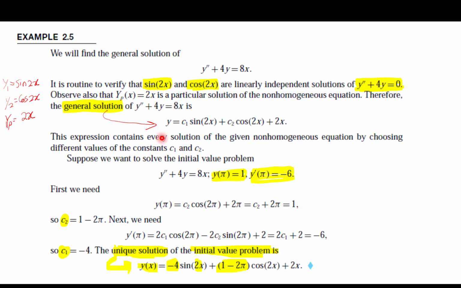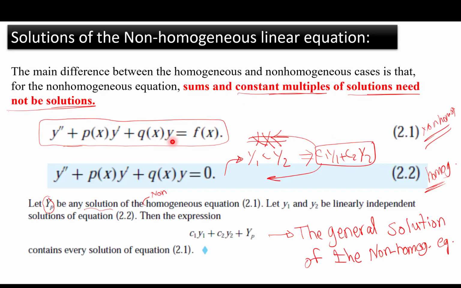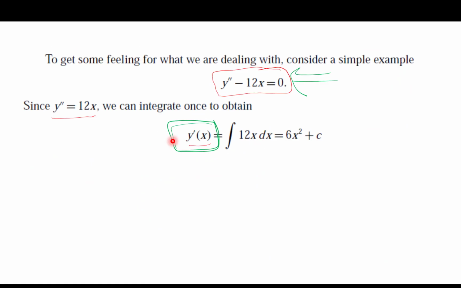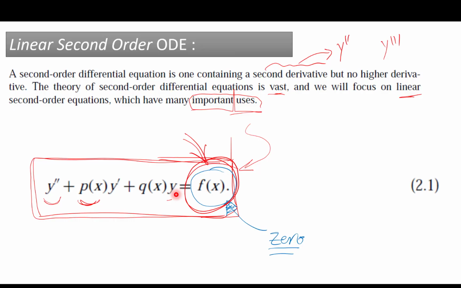To conclude, we have explained in this lecture two different strategies for the solution of homogeneous and non-homogeneous equations. First of all, we started with the general form of our linear second order differential equation, and we said that on the right-hand side we have two alternatives.